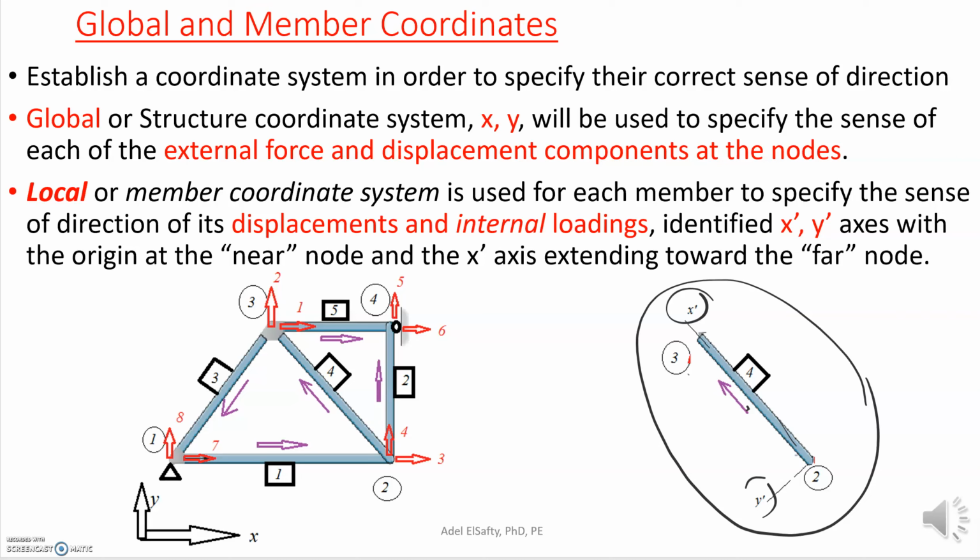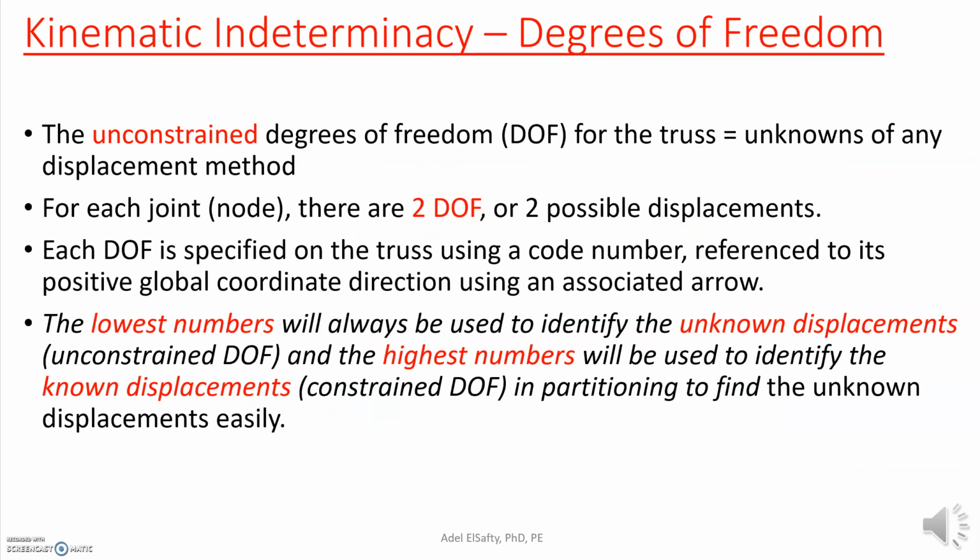Then we're going to be talking about the kinematic indeterminacy and the degrees of freedom. Basically what we're saying is that the unconstrained degrees of freedom of the truss are the unknowns. That's nothing but the unknowns of any displacement method. For each joint, there are 2 degrees of freedom, as we can see in the previous example.